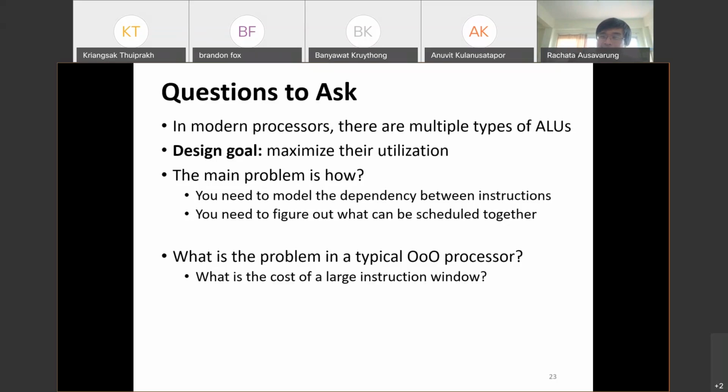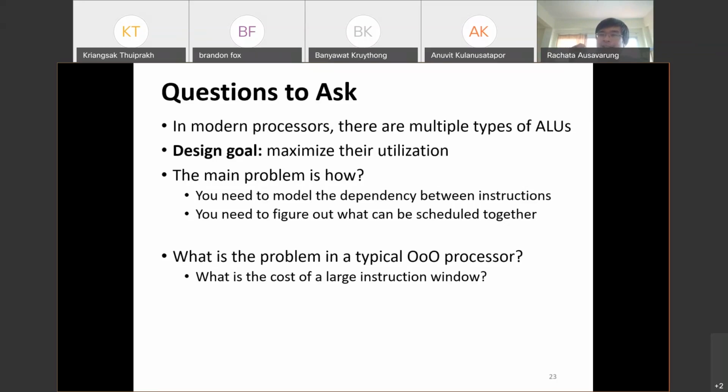It requires a lot of hardware. Instruction window is a table. Reorder buffer is a table. So many things that support out-of-order processors are tables. So you can't have unlimited size, right? Everything requires transistors. So at some point you will have a limit on what you can do.